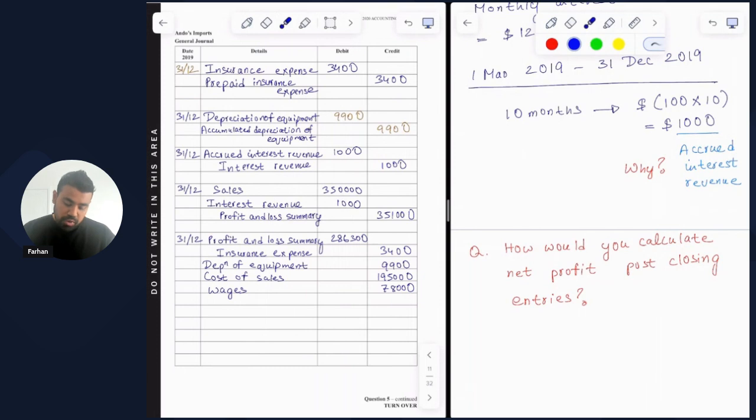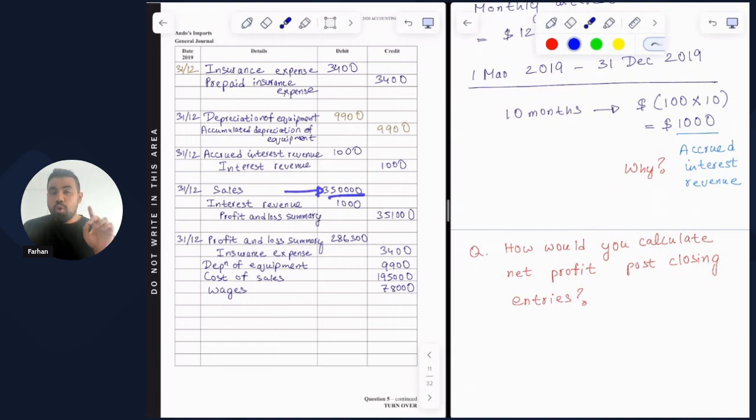So when you are closing the revenues, you basically do the opposite of what these revenue accounts are by default. All revenue accounts by default are credit, which means when they increase, we credit them. So now that we have to close them, we have to do the opposite of credit, which is to debit them. So that is why we debit sales by $350,000, which is the value that we have taken from the pre-adjustment trial balance.